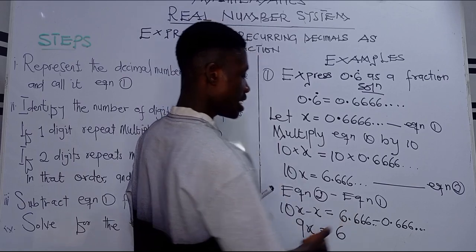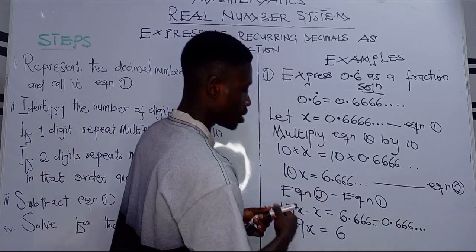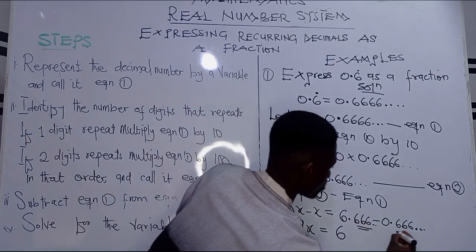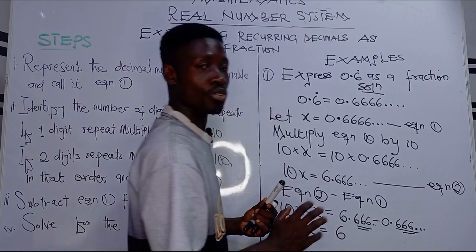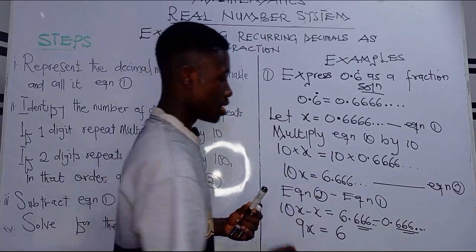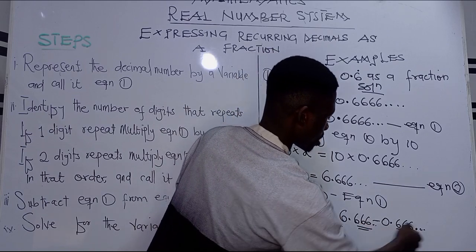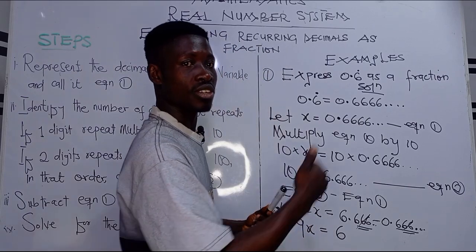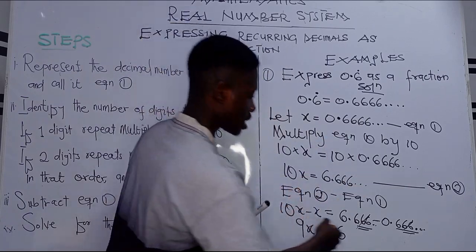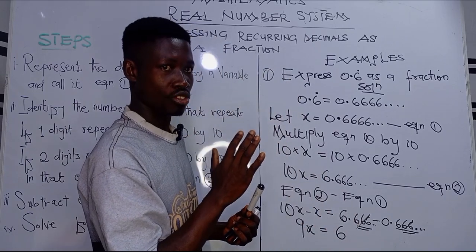Now, since those numbers behind the decimal point all run to infinity, when you subtract them, you are going to get 0. So let's take it that all of them will cancel because they all run to infinity. So we are left with 6 minus 0, giving us 6. I guess we are following.